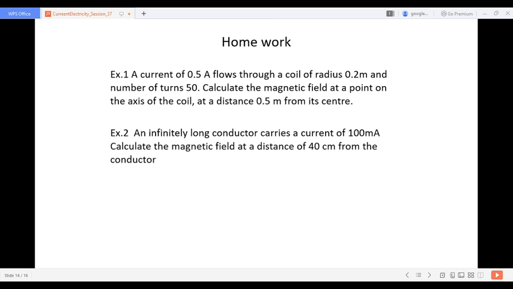Second question is, an infinitely long conductor carries a current of 100 milliampere. Calculate the magnetic field at a distance of 40 centimeter from the conductor. I hope you can do these problems as homework.